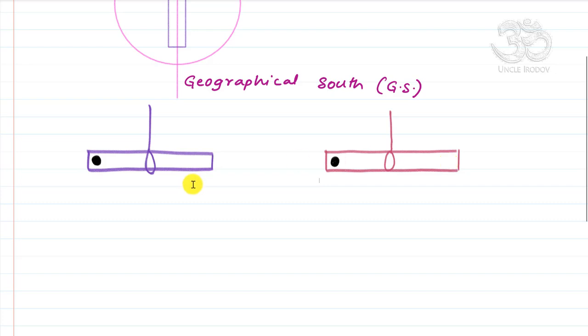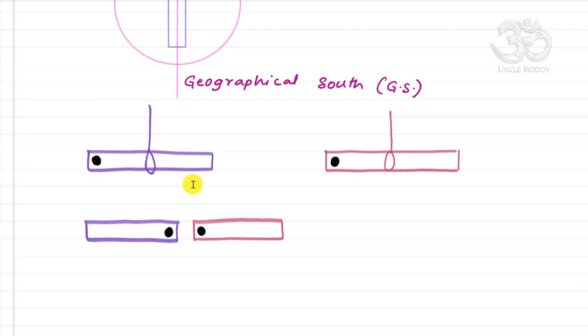Now the experiments are very easy to perform. You take the two lodestones and bring their charcoal ends together like this, and you will see that they will repel each other.